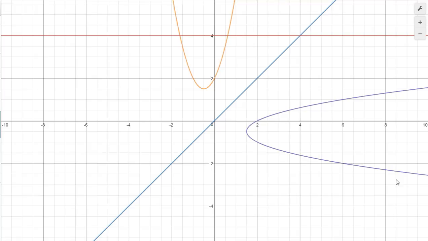So since this is not a function, if we draw a horizontal line through our original function, that means it's not going to have an inverse function, because the inverse will not have a one-to-one relationship. So we can use a horizontal line test, drawing a horizontal line through a function to see if it's going to have an inverse.